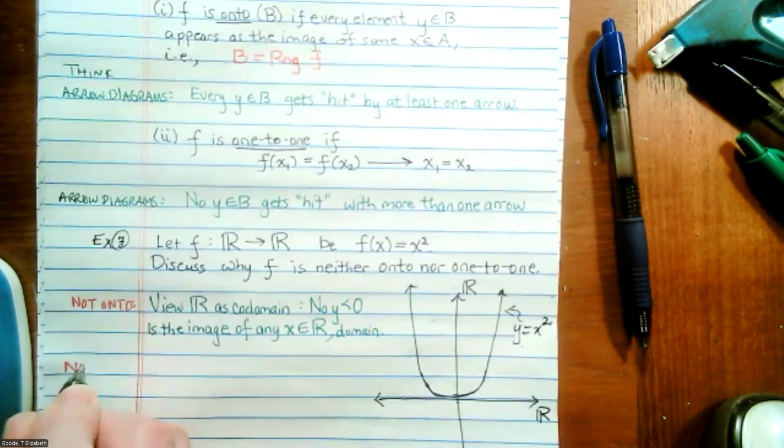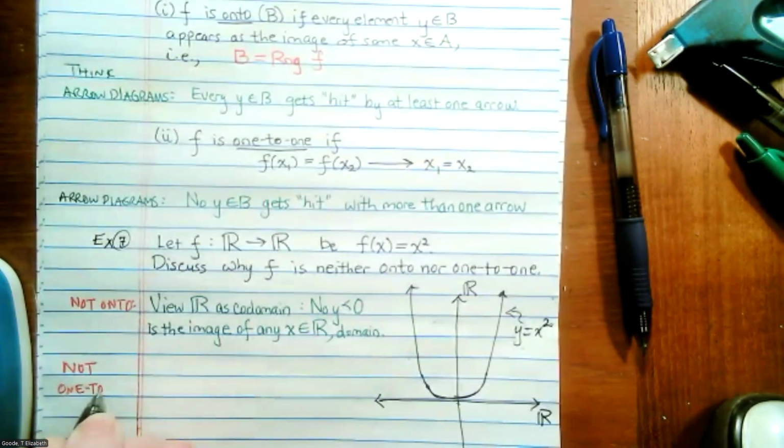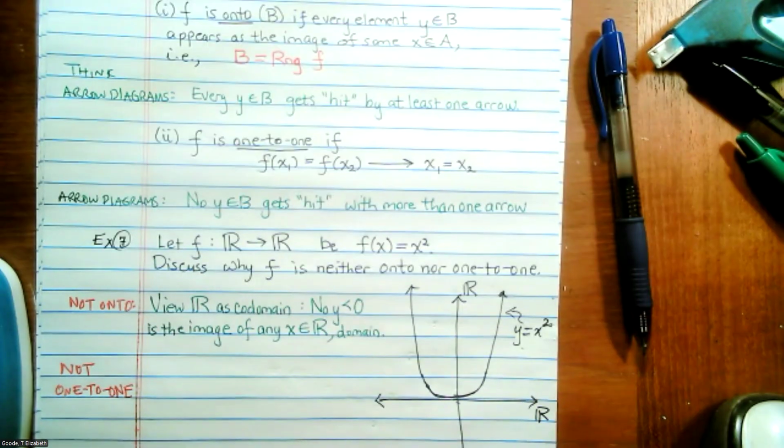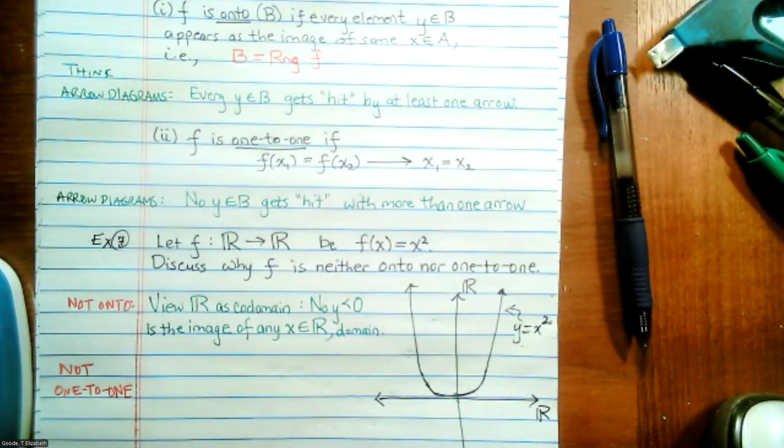But it's also not one-to-one. Well, let's talk about why it's not one-to-one. You remember in high school when you learned about how the graph of a set of ordered pairs could be tested with a vertical line test to see if it's the graph of a function.